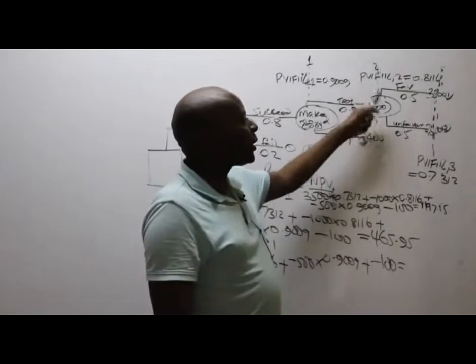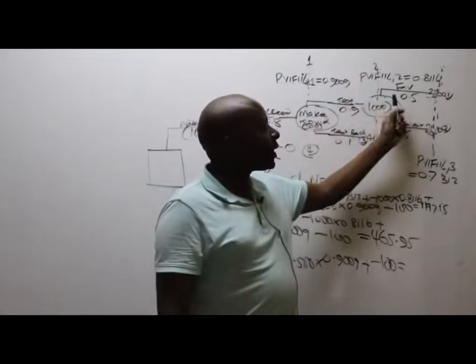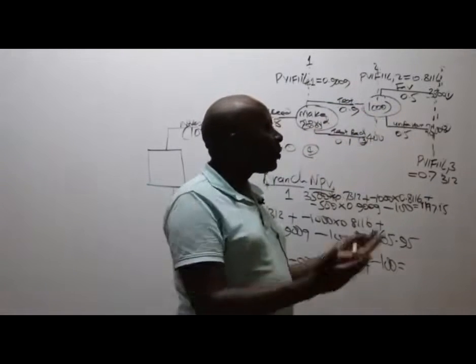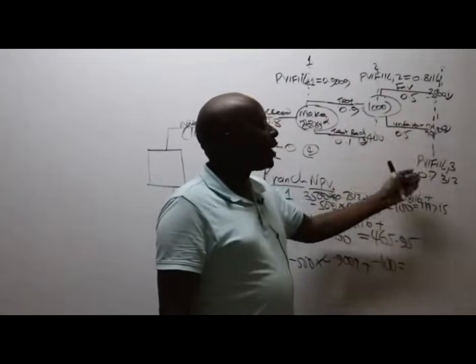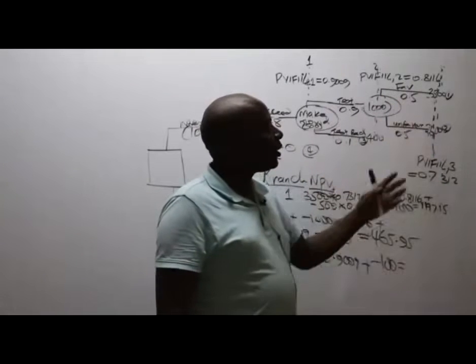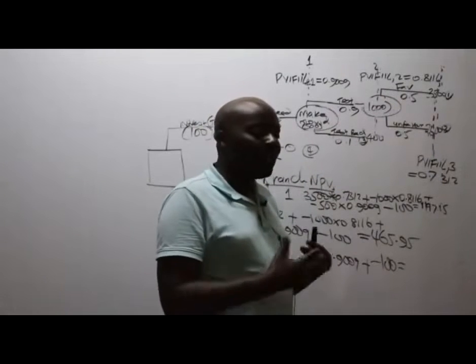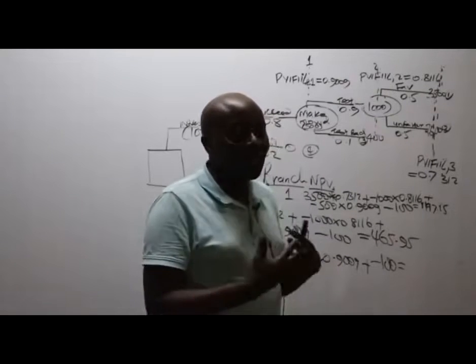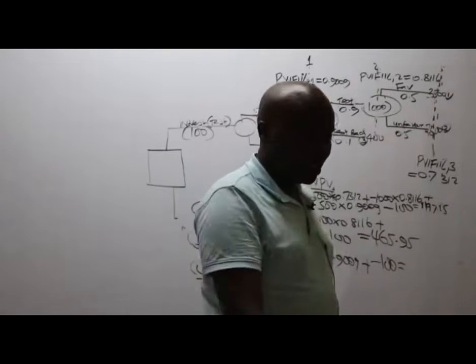If we go into full-scale production and the economy favors us, we're going to get 3,500. If the economy doesn't favor us, we're going to get 2,500. The probability of a favorable economy has been given as 0.5. They're equally likely.